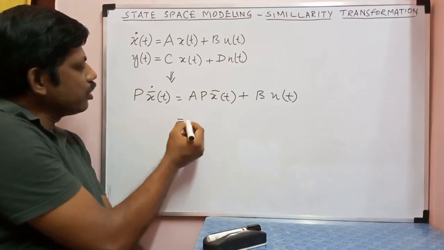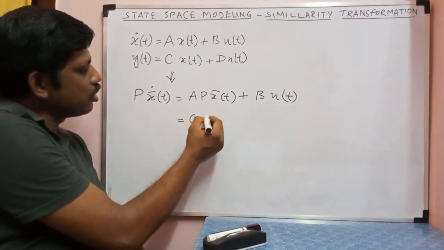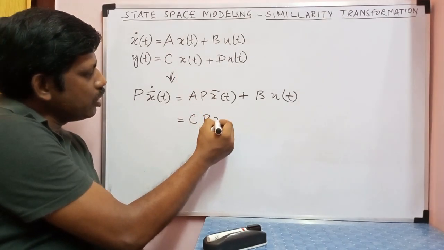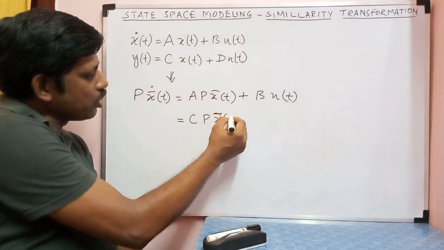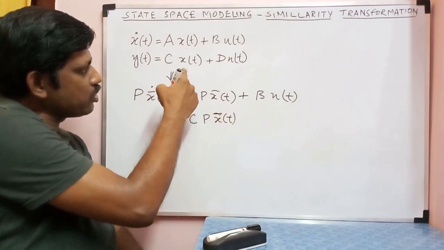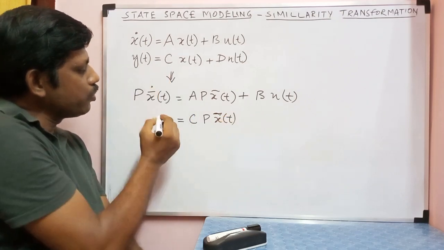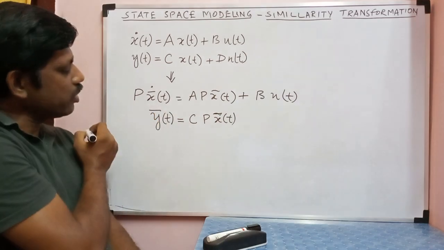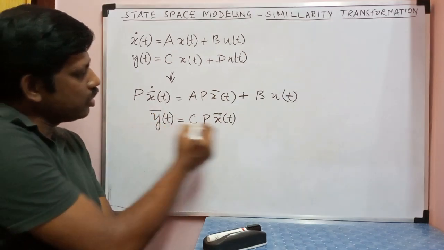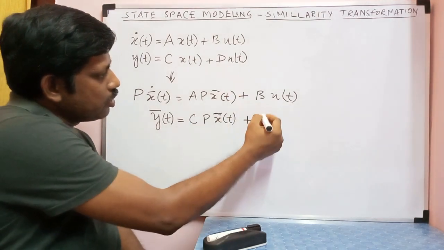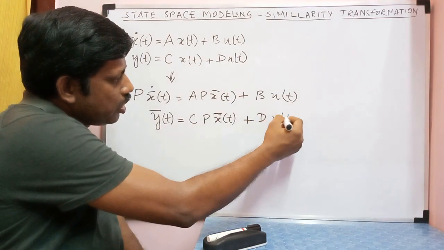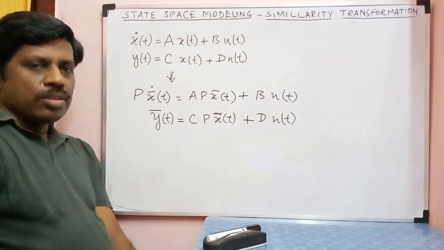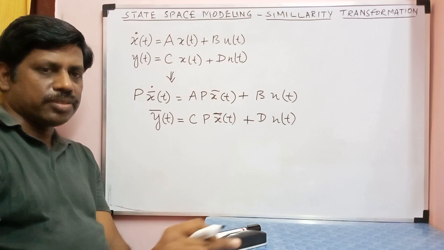And here in the second equation, this x of t changes to P x bar of t. Since this x of t changes, y also will change. So the changed output vector, I will call it as y bar of t, plus this doesn't change, u of t, I am not making any change. Okay. So what happens?